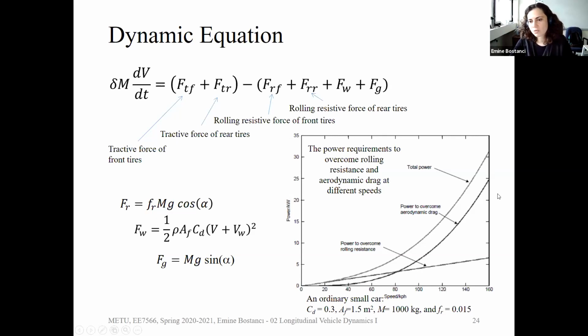It is going to be very low at low speeds, but extremely important at higher speeds. The rolling resistance is important at lower speeds, and it is much less compared to the aerodynamic drag at higher speeds. Therefore, if you want to increase the maximum speed of your vehicle, you need to make sure that the aerodynamic drag is under control.